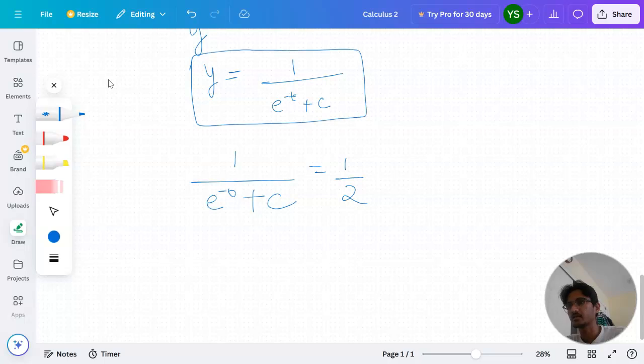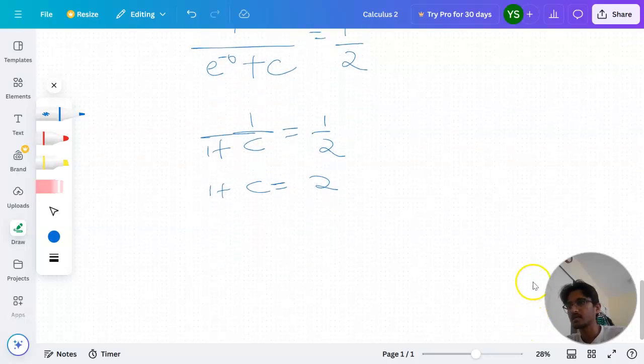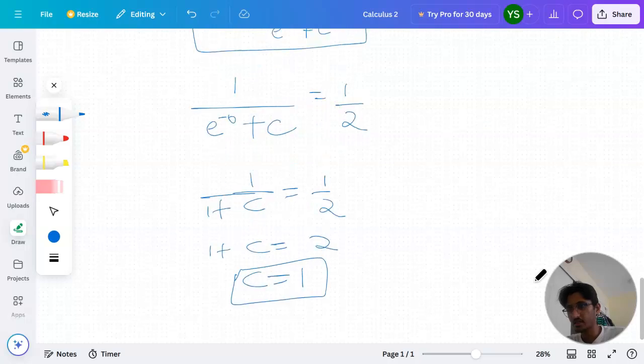Anything raised to the power of 0 is 1, so 1 over 1 plus c equals a half. Let's not forget the 1 plus c; the 1 still matters. So 1 plus c equals 2, and then c is equal to 1.